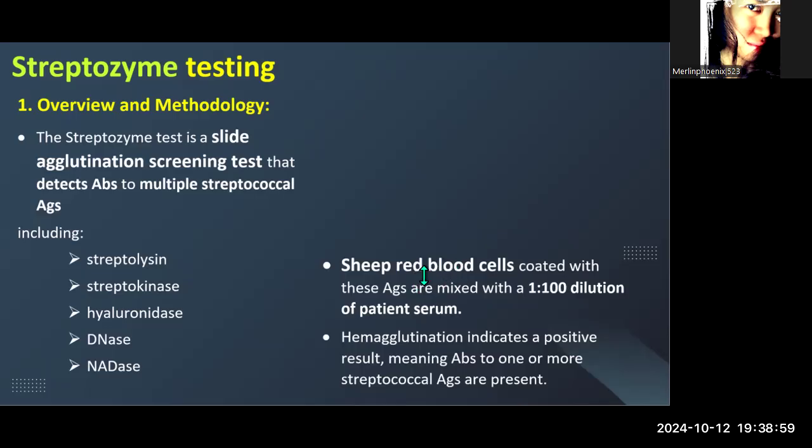Sheep RBCs are coated with these antigens and mixed with a 1 to 100 dilution of patient serum. Hemagglutination indicates a positive result, confirming the presence of antibodies to one or more streptococcal antigens.